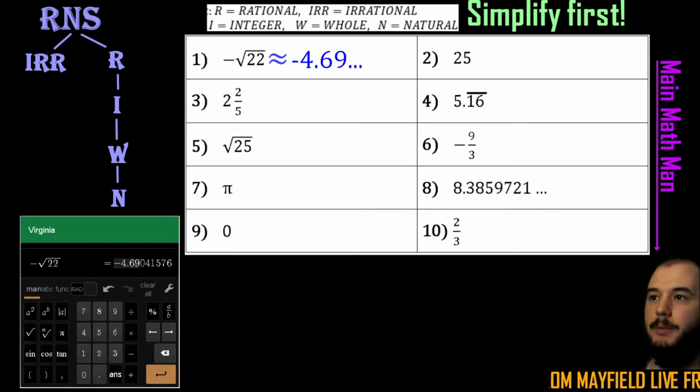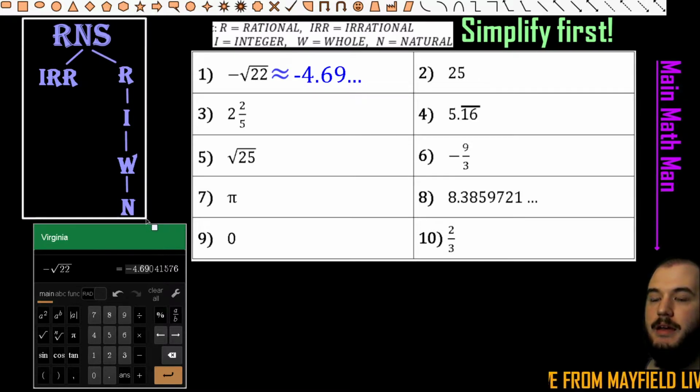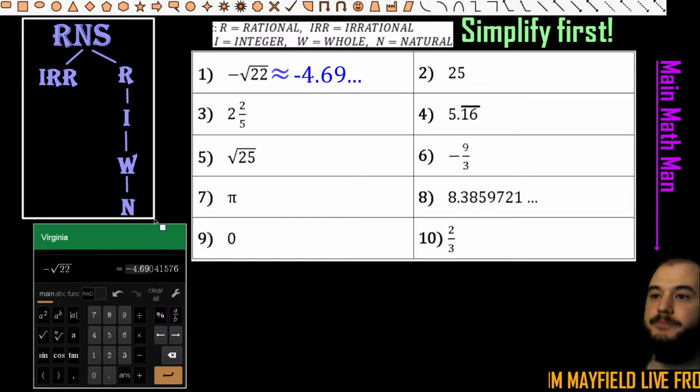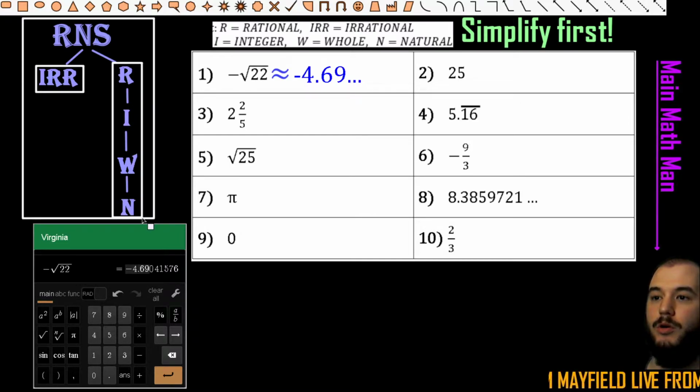So make sure, maybe if you need to draw some lines here for yourself, let me actually do that. So we're saying that this entire thing is that real number system. And what you can say is, again, that they have those 2 groups. You have those rationals, and each of these are going to be your rationals. So make sure you're having this idea where they are contained within it.